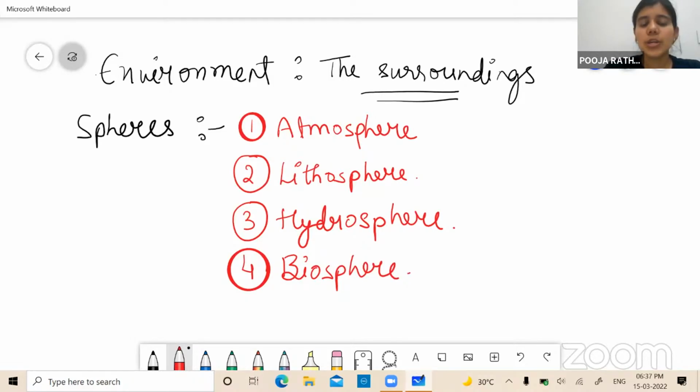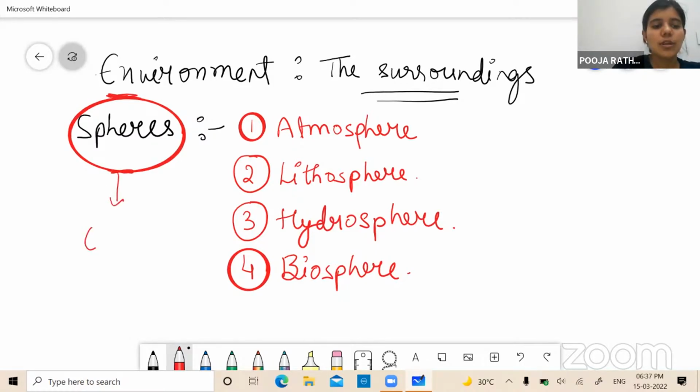Okay, a sphere means a circle, dumped from the upper side and dumped from the lower side. That's actually called a sphere. Our sphere is the earth, and our earth is made up of 4 different spheres: atmosphere, lithosphere, hydrosphere, and biosphere.